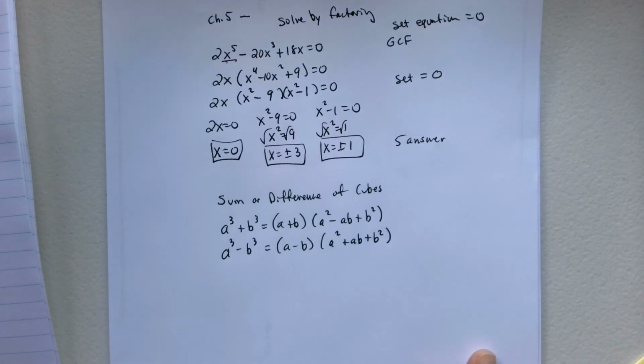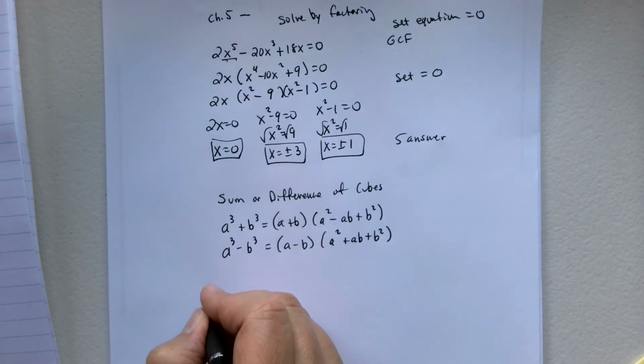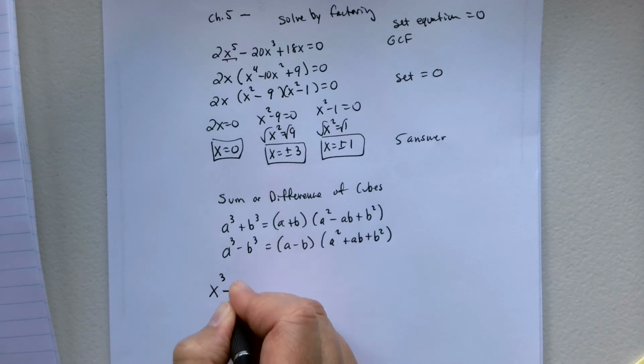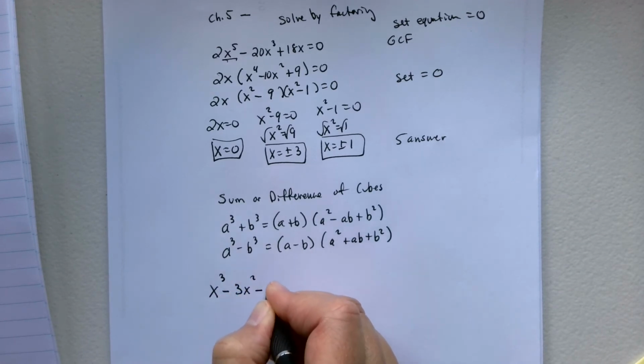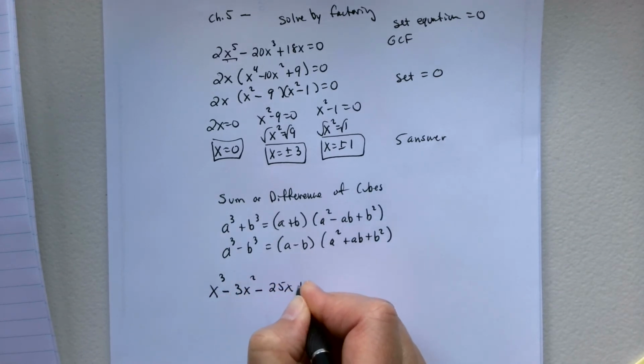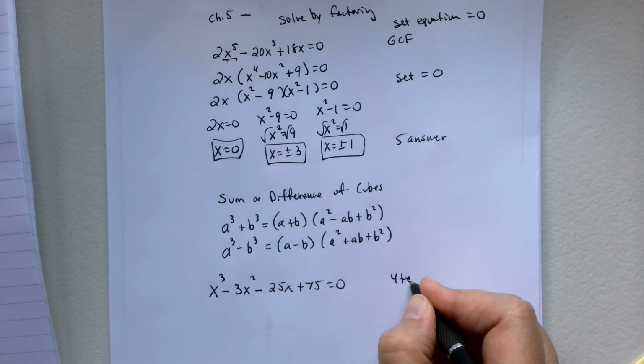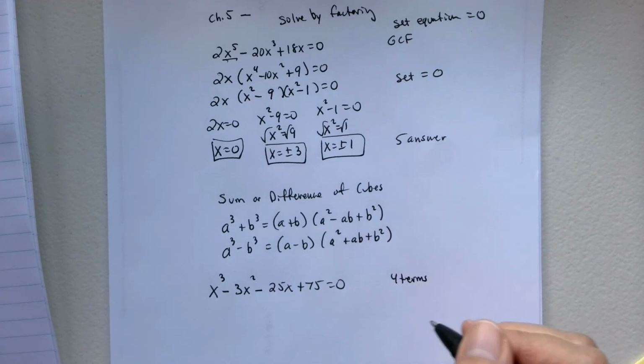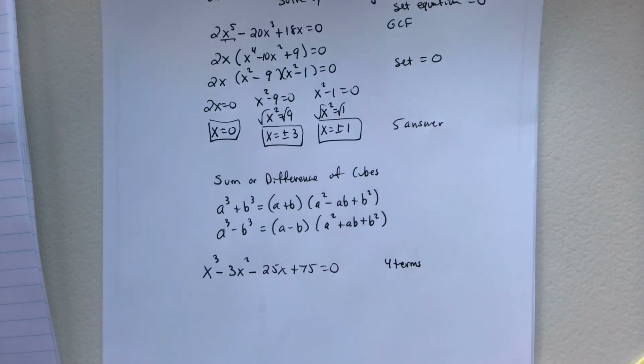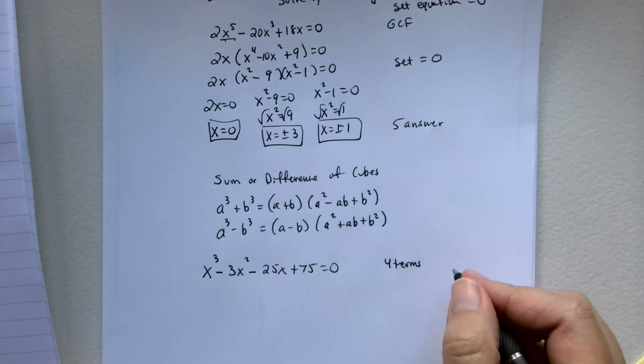And then last, I want us to talk about x to the third minus 3x squared minus 25x plus 75 equals 0. This has 4 terms, and we were introduced to factoring with 4 terms in Chapter 6, but we used it in Chapter 9 as well.